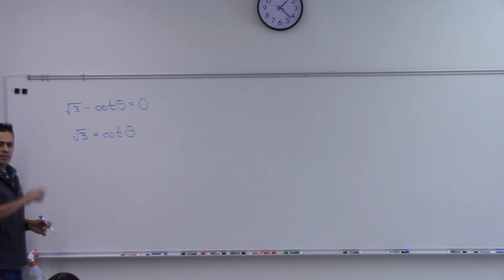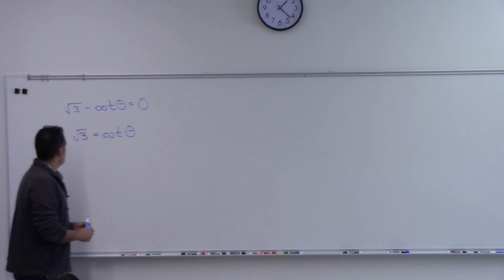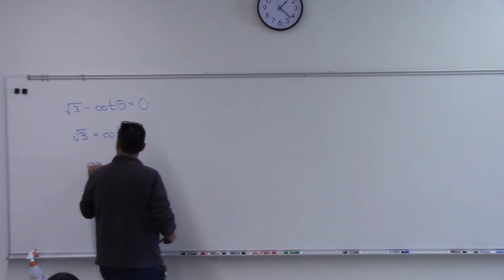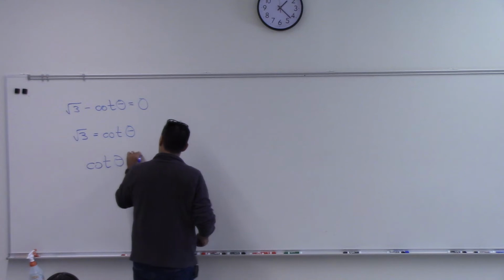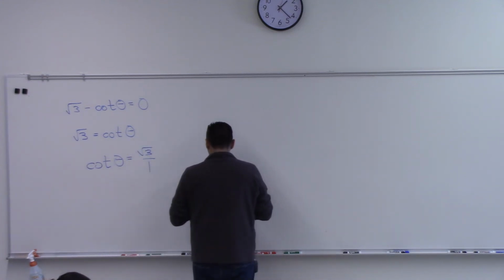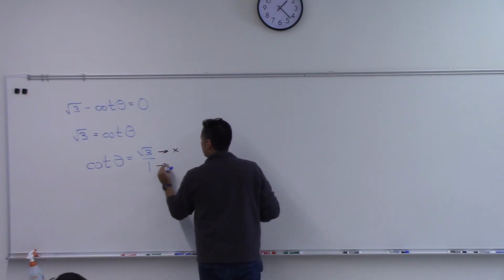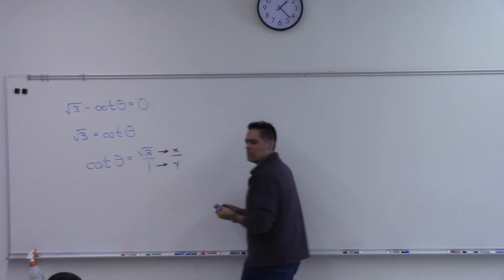Cotangent by definition is which coordinate over which coordinate? It's the x over y, right? So let me write this backwards. Cotangent of theta is root 3, which is the same as root 3 over 1, which means that this is my x coordinate and this my y, x over y.